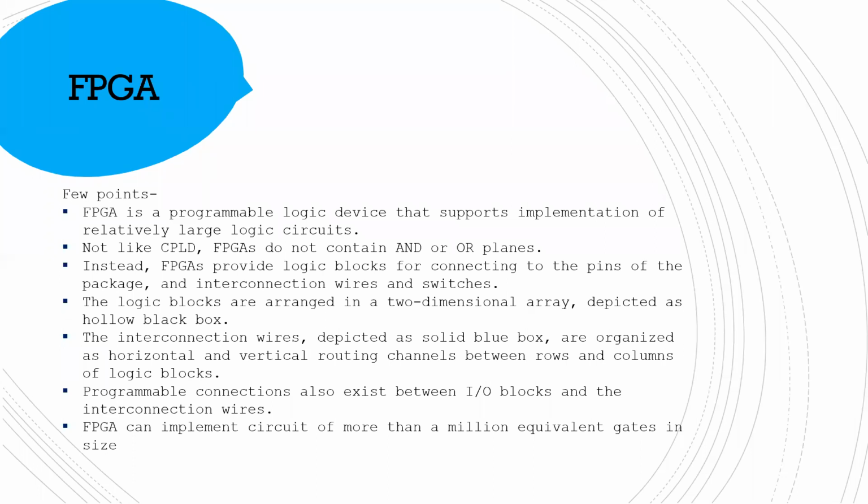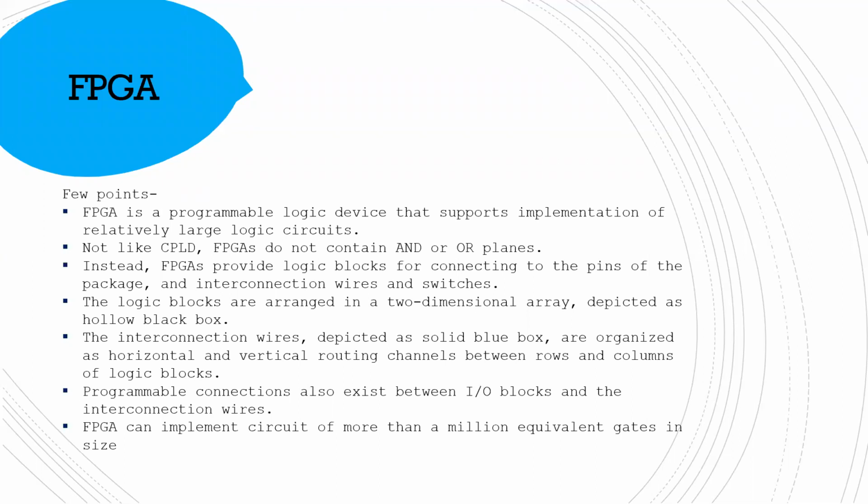Instead, FPGA provides logic blocks for connecting the pins of the package, and interconnection wires and switches. And normally it has universal gates, either NAND gates or NOR gates. It has some blocks that connect your input to your output, and some intermediate interconnection wires and switches, something like that.